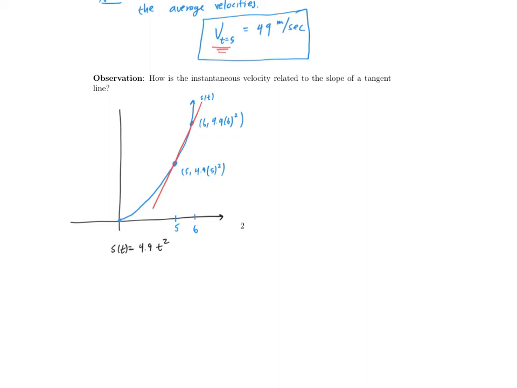So the key observation to make is that average velocity, as we've calculated it above, is the slope of a secant line.